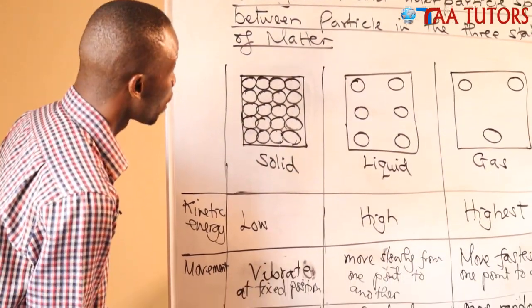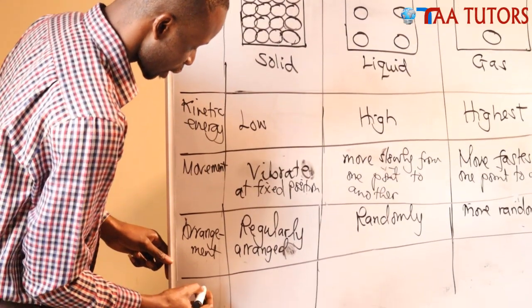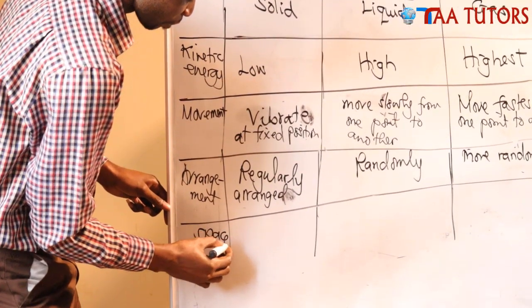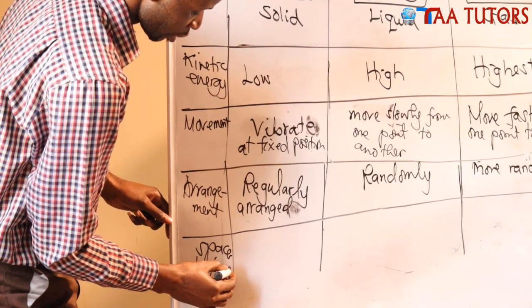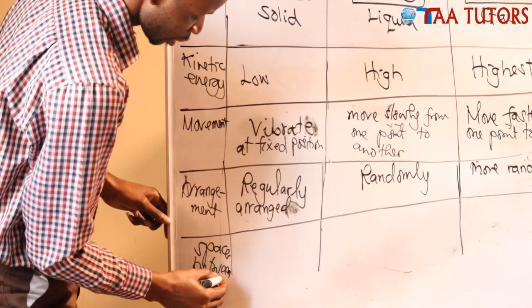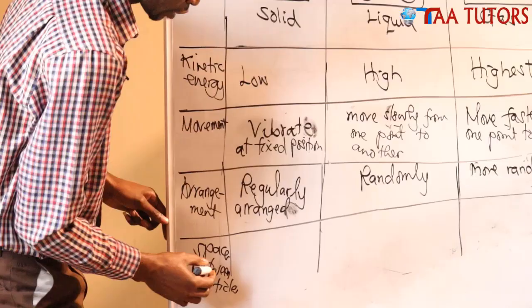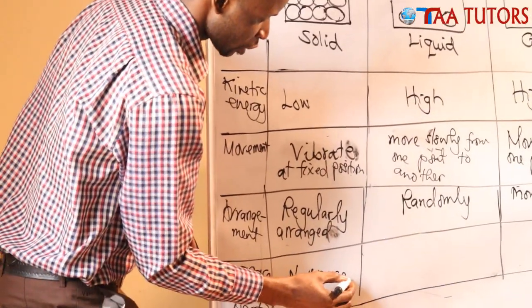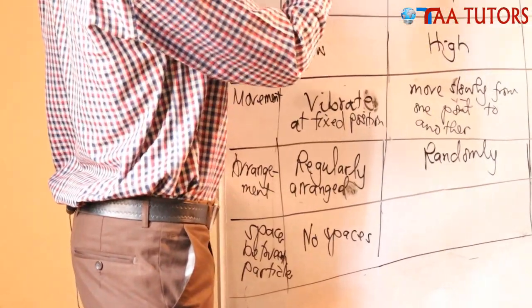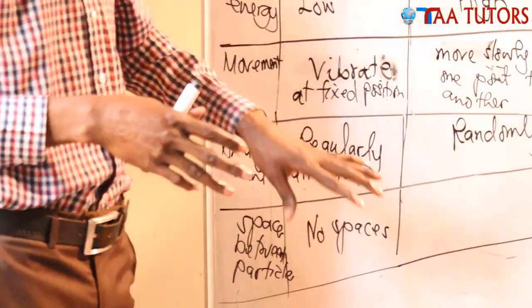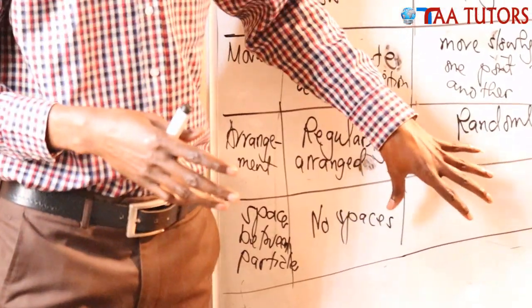The last one which I want to talk about is spaces between particles. There is no space between solid particles. The particles have no space whatsoever, they cannot move. So there are no spaces in the solid state.